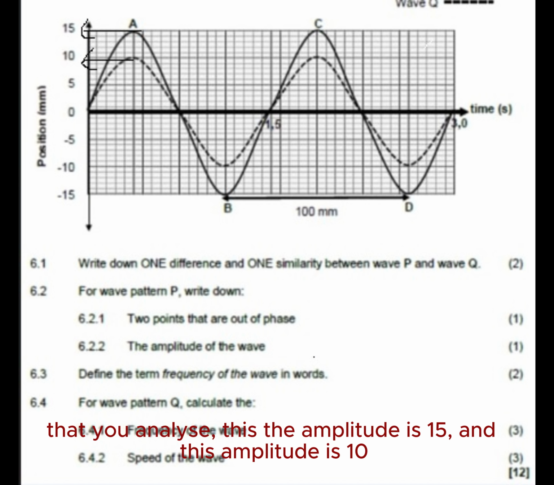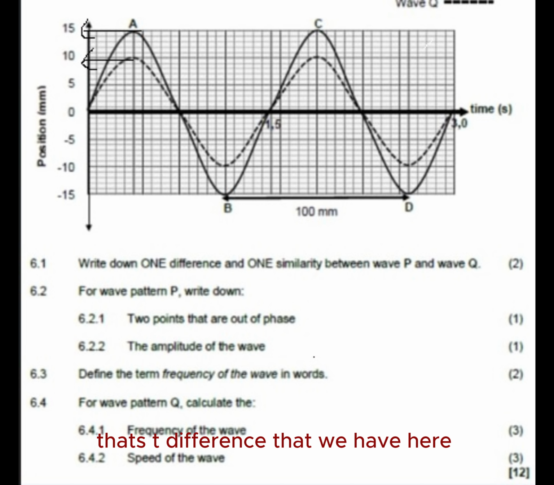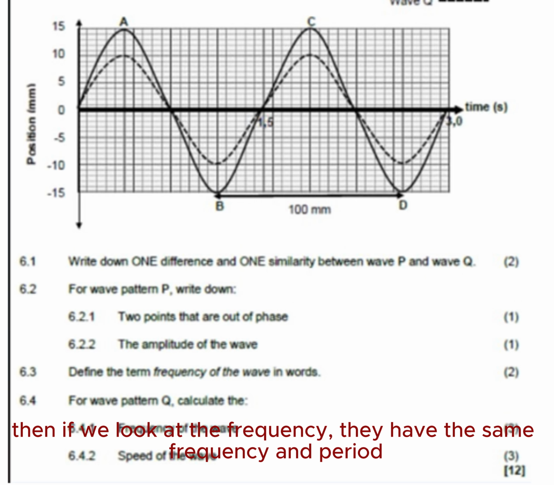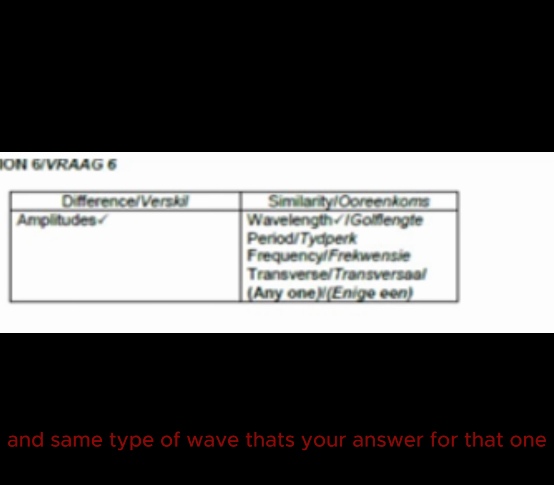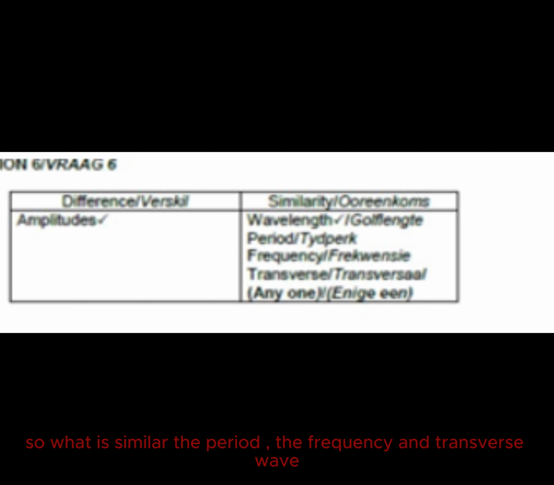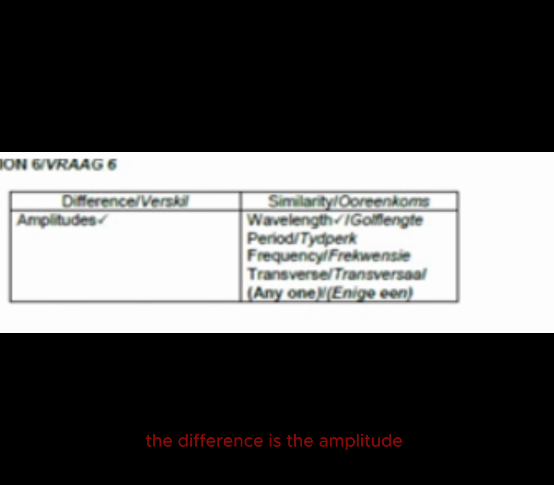The amplitude is 15, the amplitude is 10. Then if you look at the frequency, they have the same frequency, the same period, and the same type of wave. So what is similar is the period, the frequency, and the transverse type. And the difference is the amplitude.